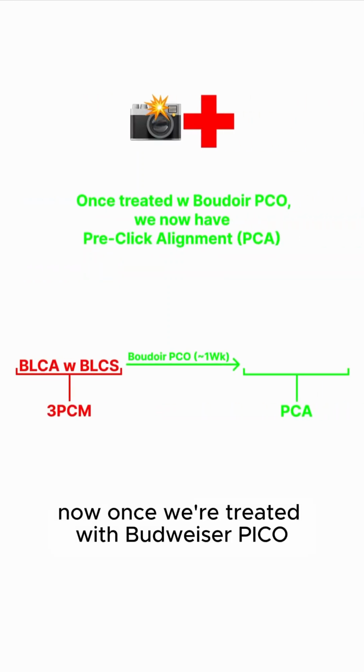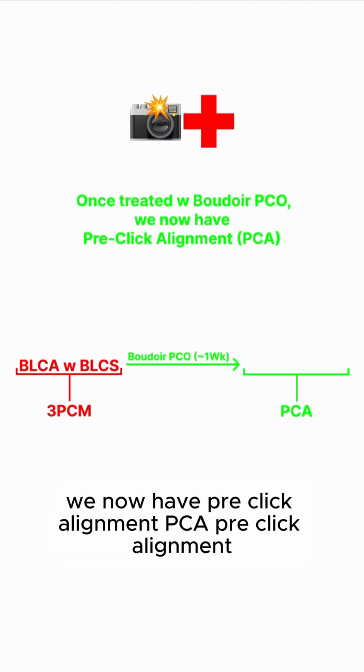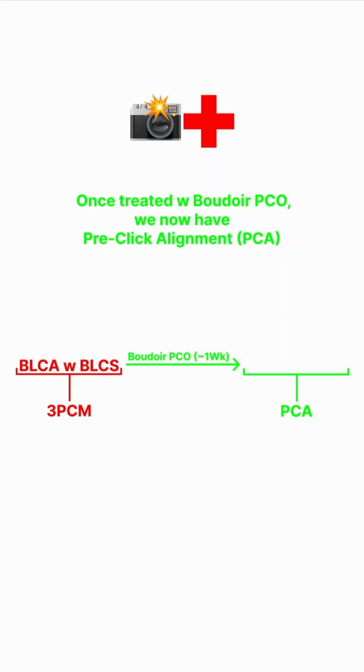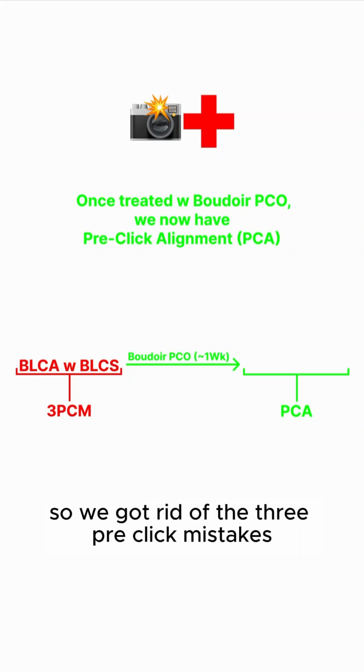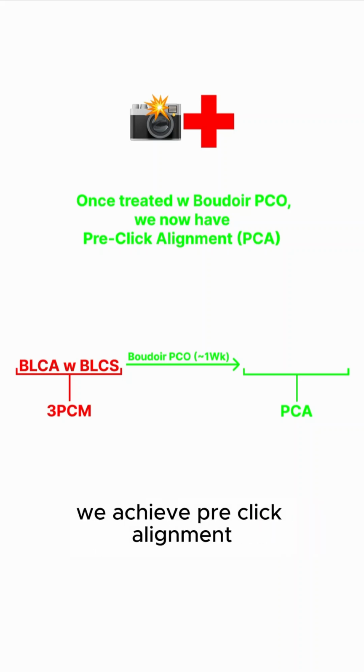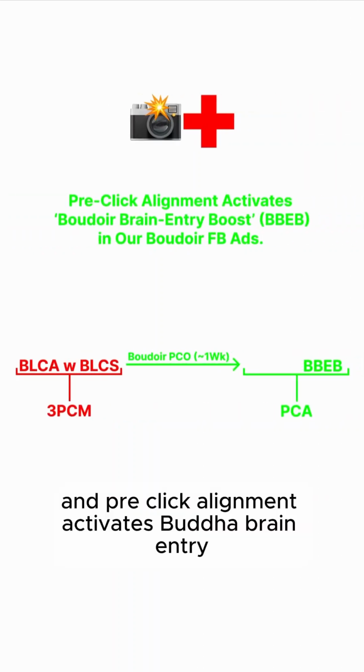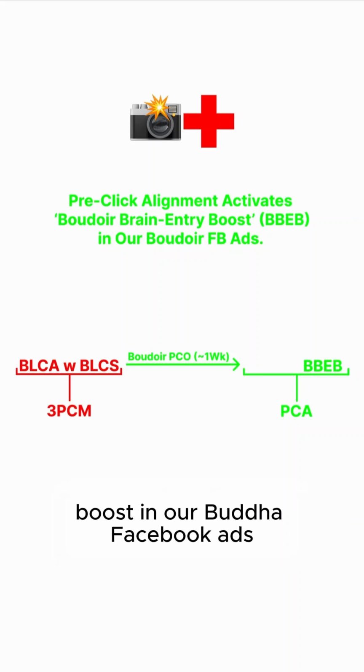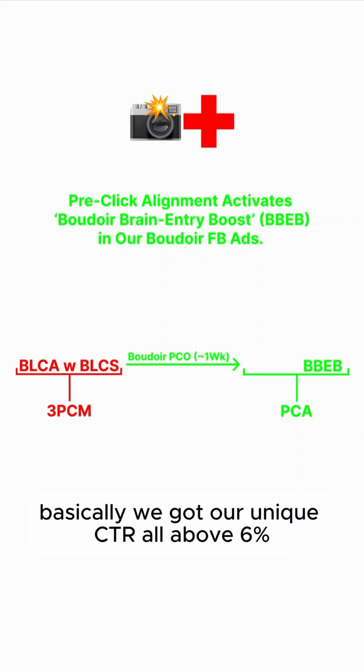Once treated with Boudoir Pico, we now have pre-click alignment, PCA. So we got rid of the 3 pre-click mistakes and achieved pre-click alignment. Pre-click alignment activates Boudoir brain entry boost in our Boudoir Facebook ads. Basically, we got our unique CTR above 6%.